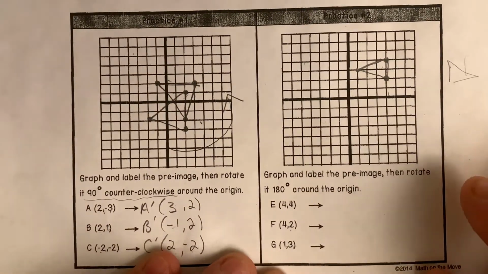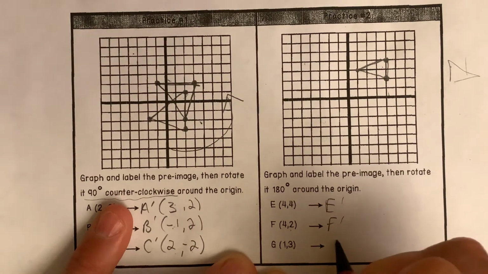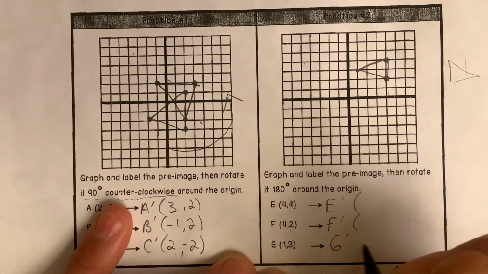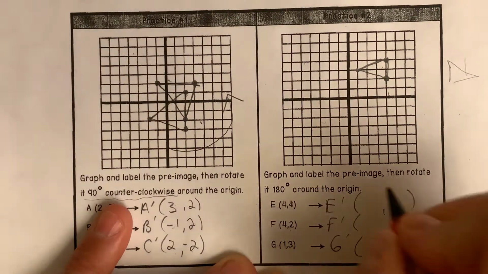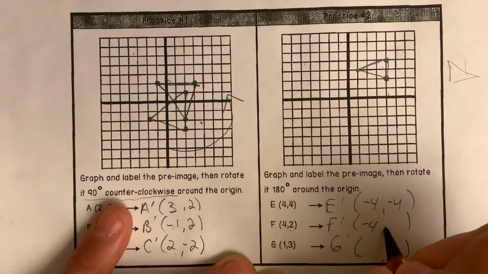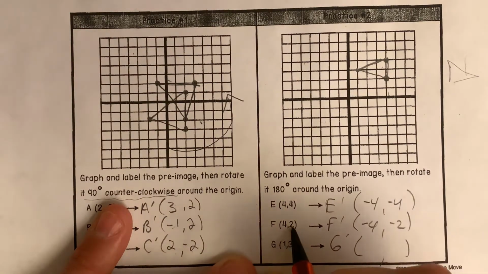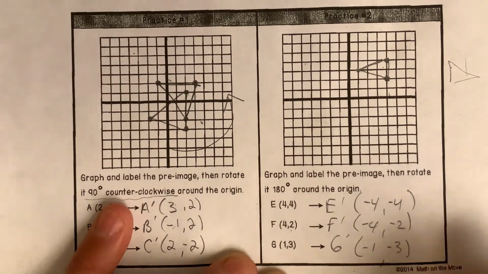We've got to multiply both x and y by -1. So E prime, F prime, and G prime. And let's do -4, -4. That's in the third quadrant. That's good. -4, -2, times -1 for each of these. Times -1 makes it -1, -3.